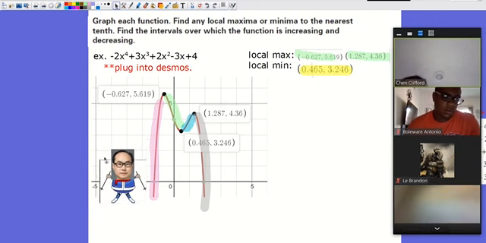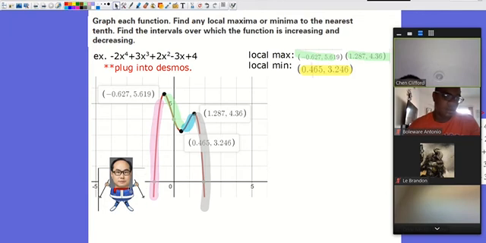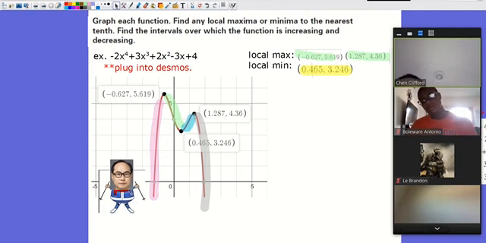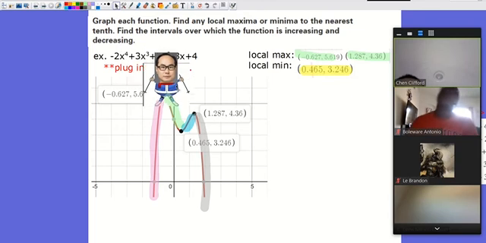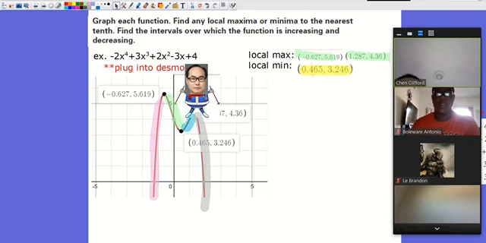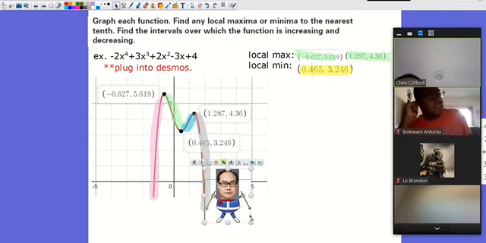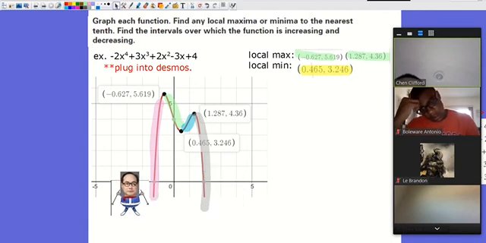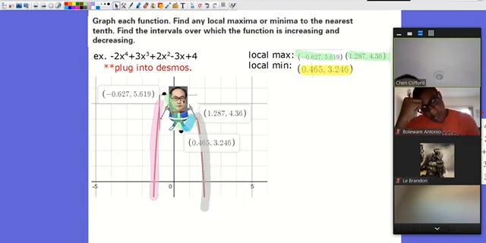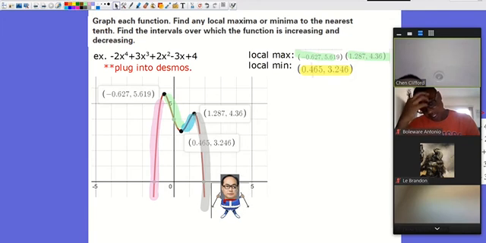So if we talk about skiing from left to right, this guy's skiing uphill, downhill, uphill, and downhill. Let me do that one more time. Uphill, downhill, uphill, and downhill.